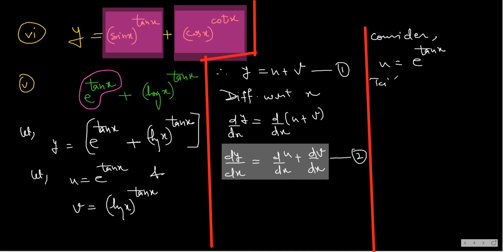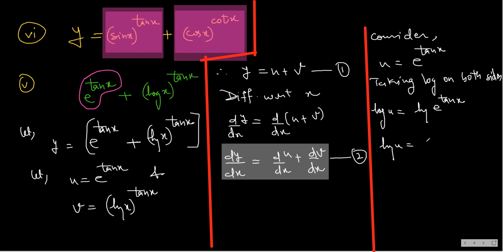So I write here, just for the fun sake, taking log on both sides. I will still get the same answer which I had earlier got. So I will get log of u equals log of e raised to tan of x. And remember, the base here for log is e. So next step, I will get log of u equals tan of x into log e.